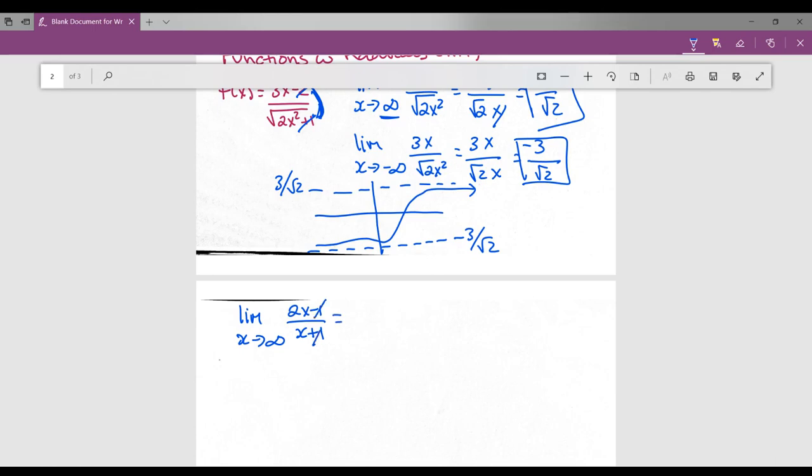We'd cancel those ones and say, well, it's 2x over x, so we get 2. The reason you can do that is because of the proper math. So you take the highest degree, in this case it's 1 for both, and you multiply top and bottom, so essentially this is 1.